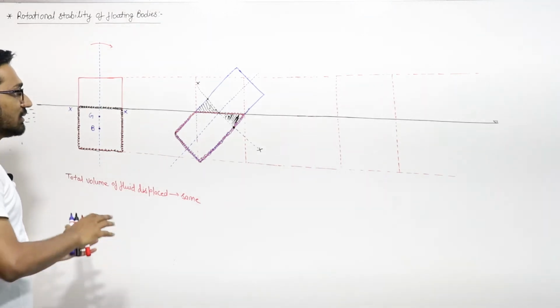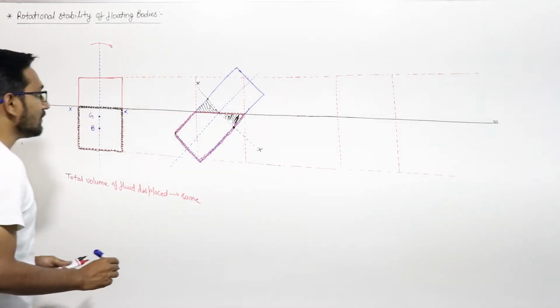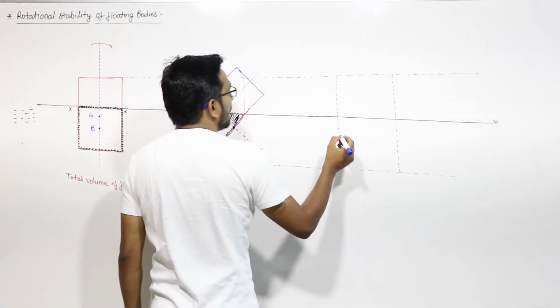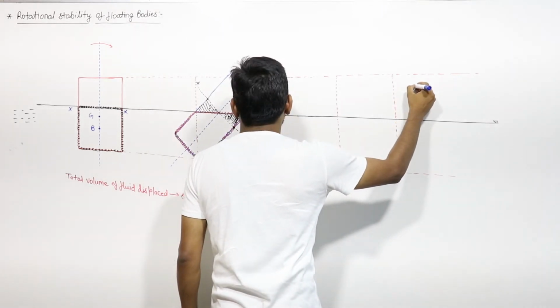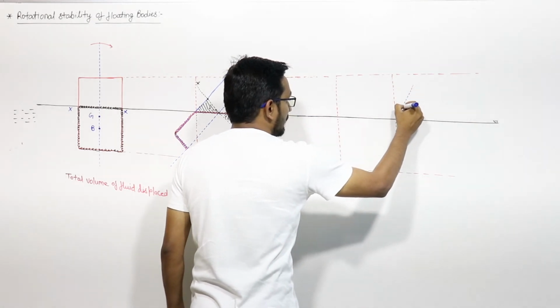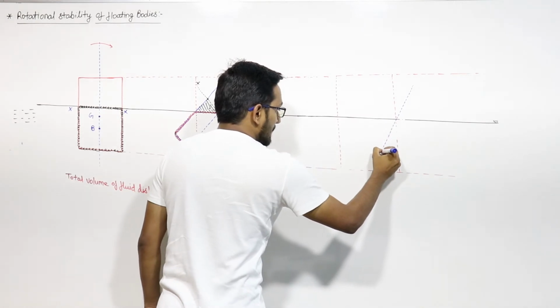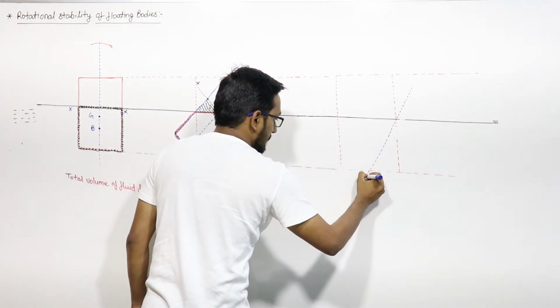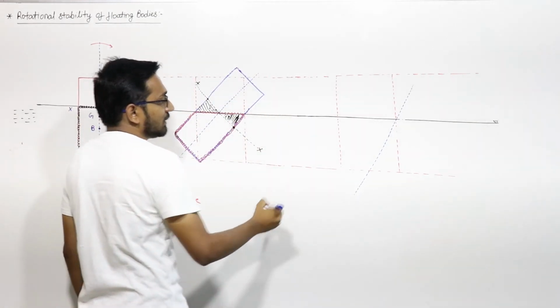Then we tilt it, so we can say the body will be like this. We tilt this body and the body will take this shape.